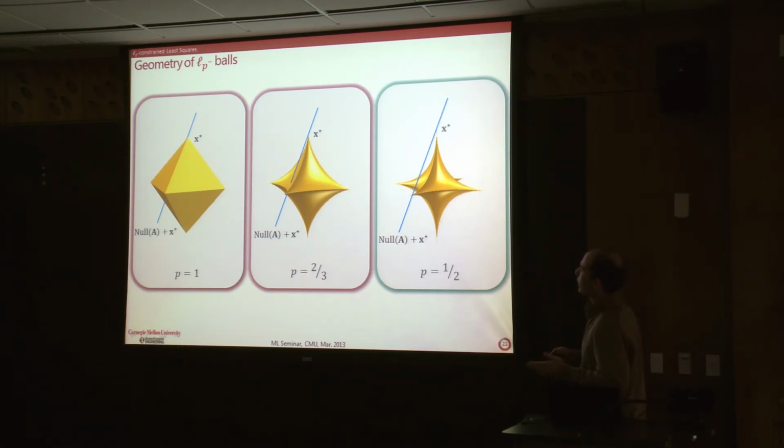And if you decrease p, the translated null space is going to again pierce the LP ball, but the region of intersection has shrunk. And if you further decrease p, you can see that there's no intersection between this translated null space and the LP ball, which means that the solution for LP minimization or LP constrained least squares is going to be unique.